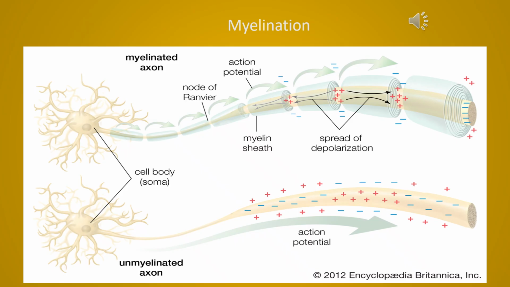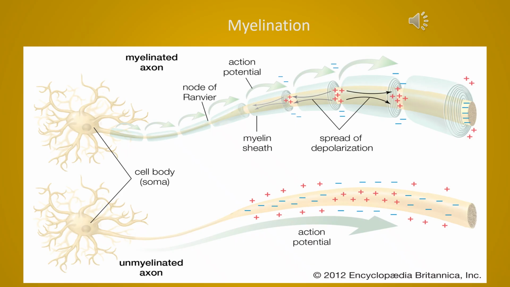So we're talking about the presence of myelin directly affecting the speed of transmission of the action potential. So we have some axons in the body which are myelinated, those are the ones where we need the rapid transmission of action potentials. On the other hand, we have many axons in the body that are not myelinated because it is not necessary that the action potential be transmitted that rapidly.